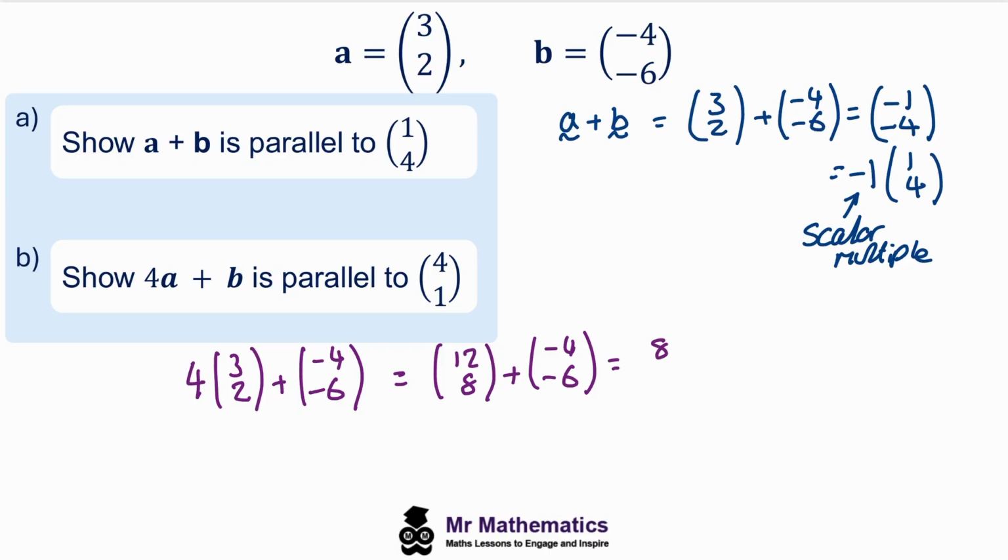We'll get 8. We'll add the vertical components and we'll get 2. And then we can factor out a 2. And we'll have 2 lots of 1, 4. So this 2, this is the scalar multiple, which means 4a plus b must be parallel to the vector 1, 4.